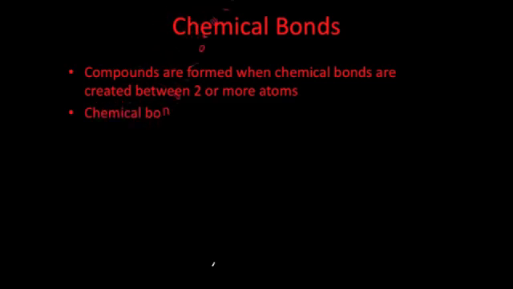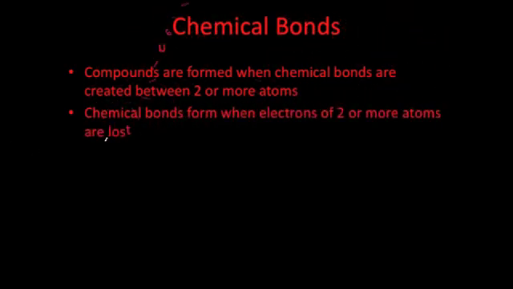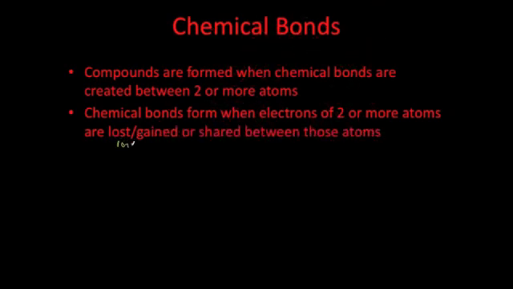And when electrons are lost or gained, they form ions. Okay? So when an atom loses or gains an electron, it forms an ion, and ionic compounds are formed. When they share electrons, they form covalent bonds, and covalent compounds are formed.